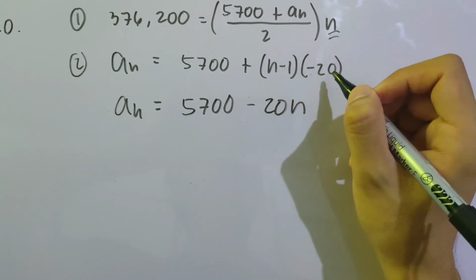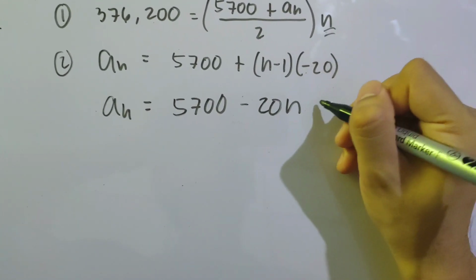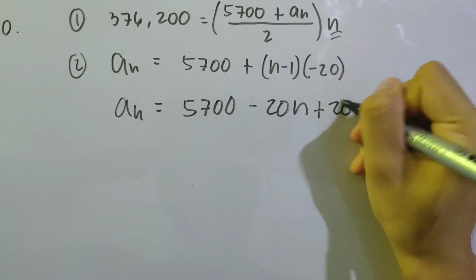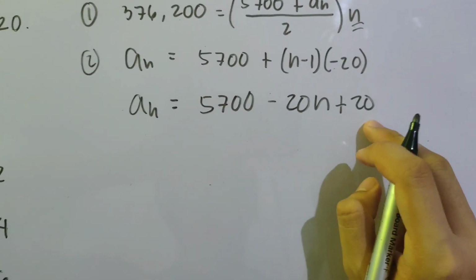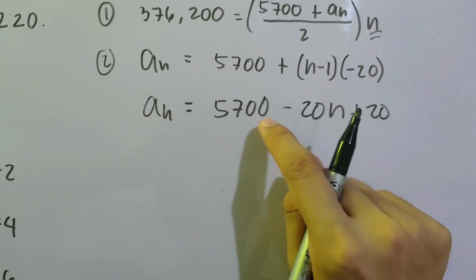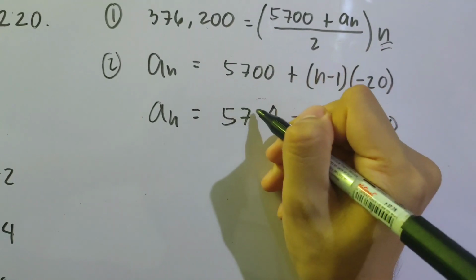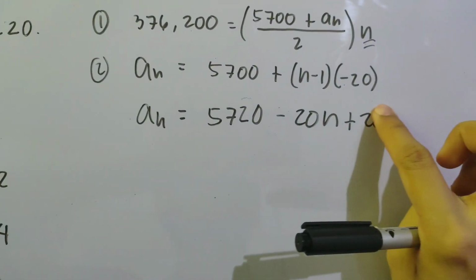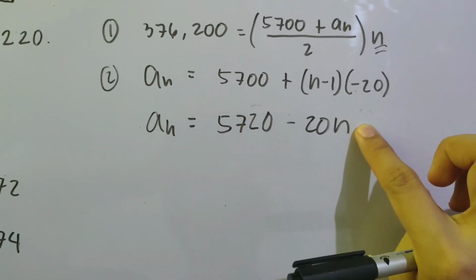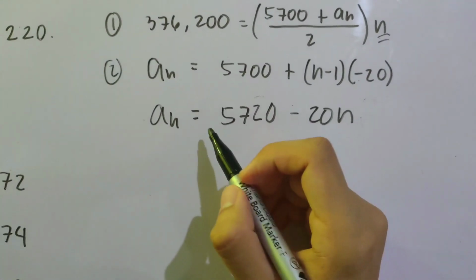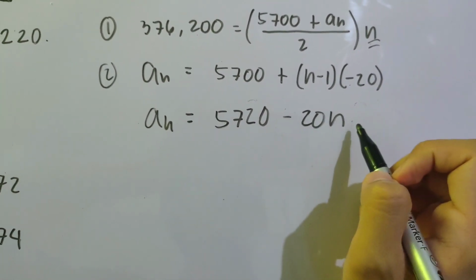Negative 1 times negative 20 magiging positive 20 plus 20. Kapag in-add natin yung 20 dun sa 5,700, magiging 5,720 lang to. So ito na yung value ng AN natin in terms of N.